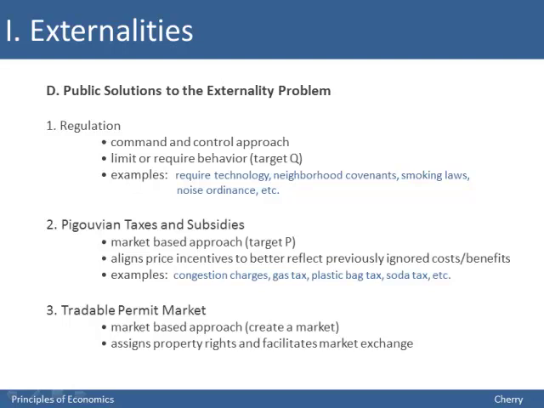Right? And you can see why, because the permit, in buying a permit, that's similar to a tax. Whereas you have Pigovian tax, you're charged a tax for some unit of activity. A tradable permit is, in having to buy a permit, you're essentially paying a price for each unit of activity.